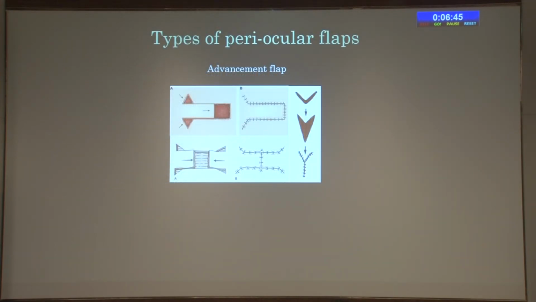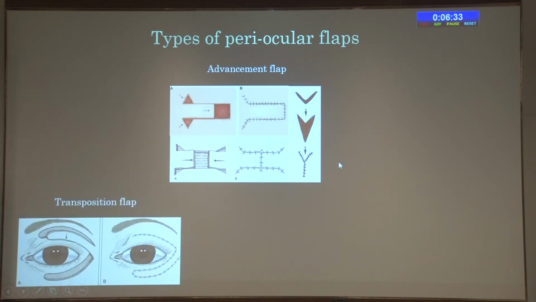So these are some of the types of flaps that can be used in the periocular area. This is an advancement flap where it is detached on 3 sides from its surrounding tissue and advanced into the defect. VY-plasty is also an example of it. A transposition flap where there's an intervening tissue and the tissue is mobilized, like the upper lid tissue is mobilized into the defect.